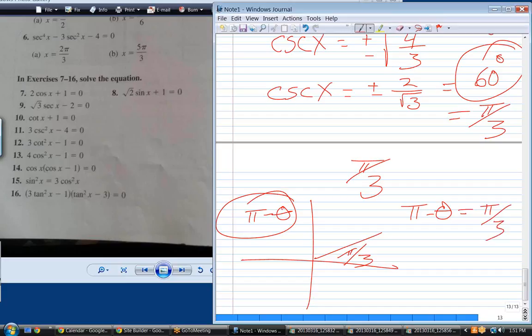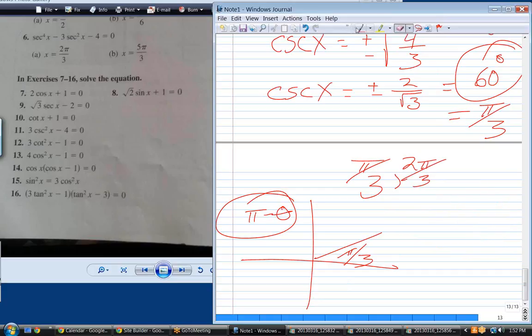So then theta would be 150 degrees? That's correct, it's 2 pi over 3, but you can leave it all in radians. You don't need to go to degrees. So if I move theta to the right and move the pi over 3 to the left, I'm left with 2 pi over 3. Yes, so that's the second quadrant answer.